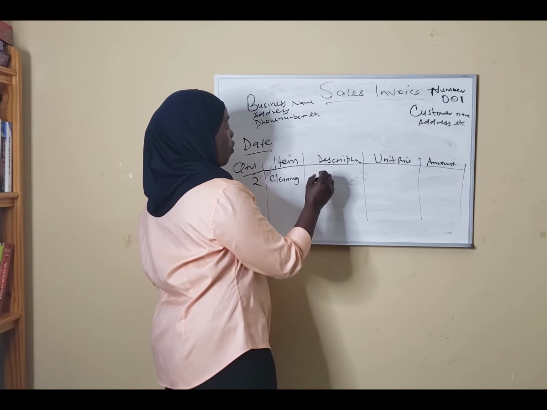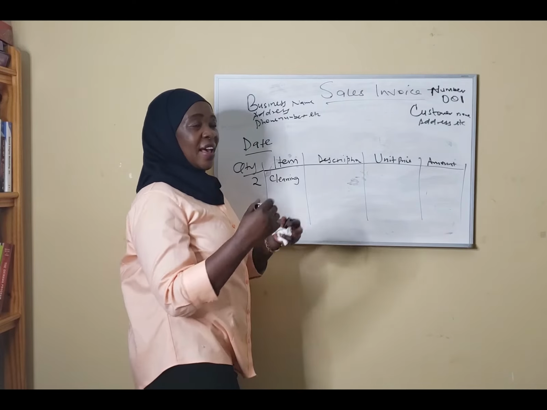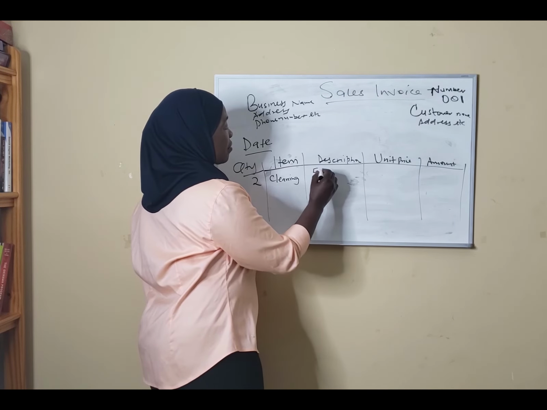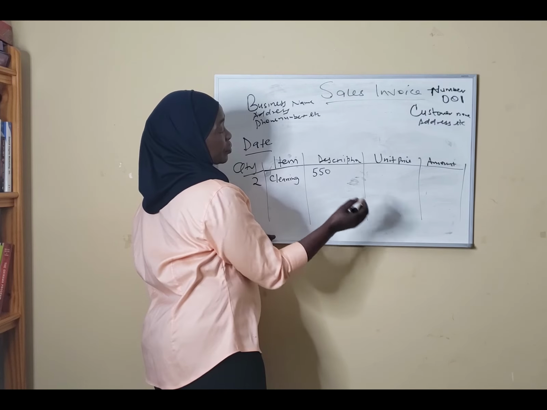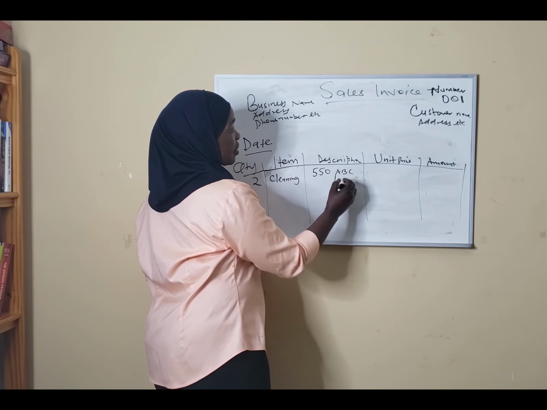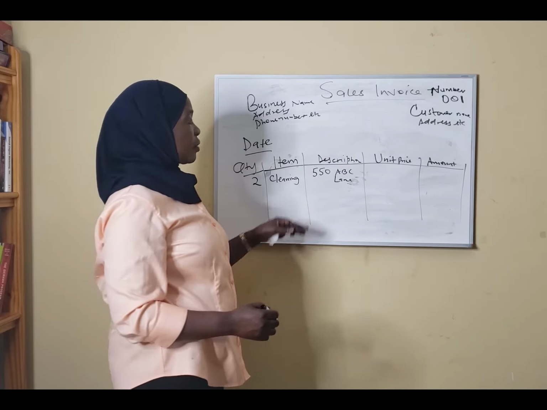And for me, the real description is actually the address, the service address. So it could be like 550 ABC Lane. I have to describe the address of the house we cleaned.